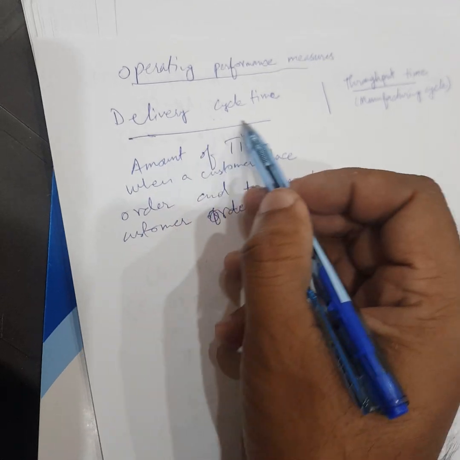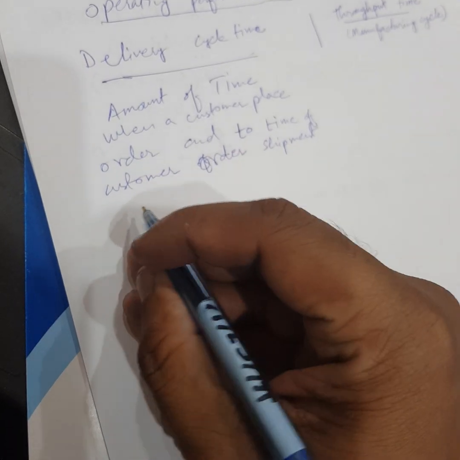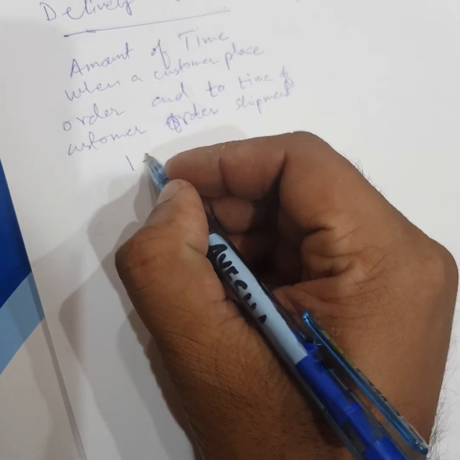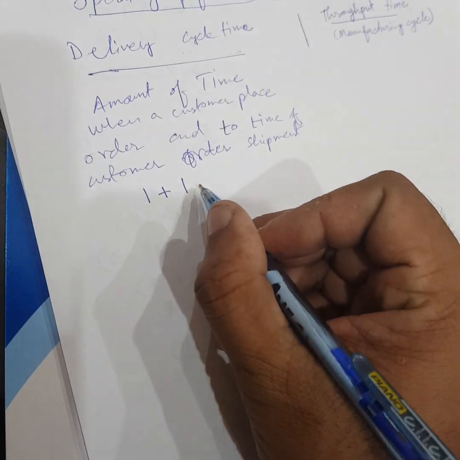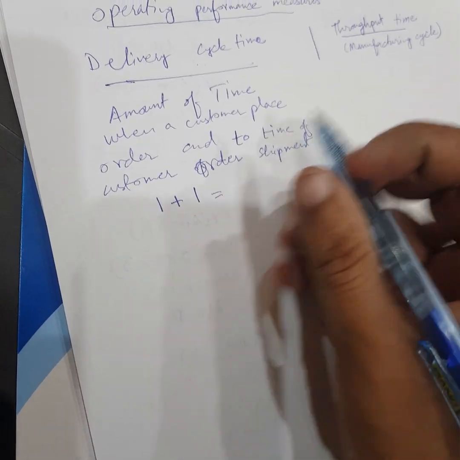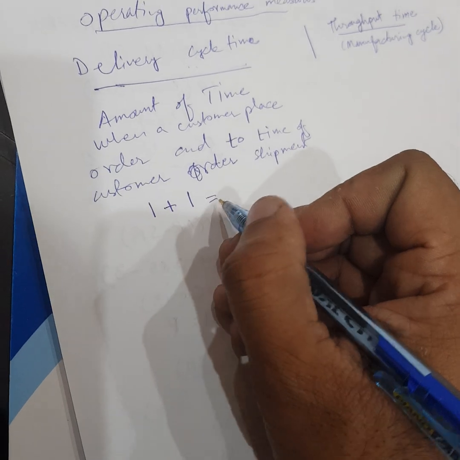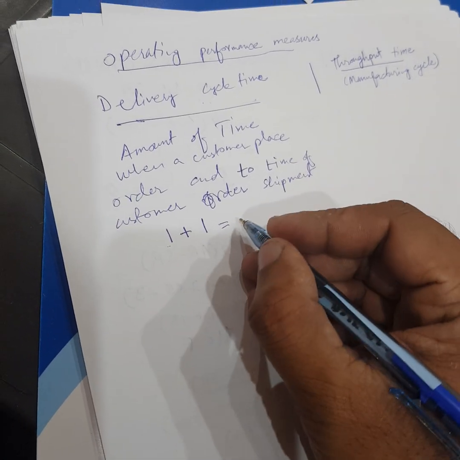It will be called our delivery cycle time. For example, if on one day the customer places an order and on the second day the order is shipped to the customer, the total delivery cycle time is 2 days.